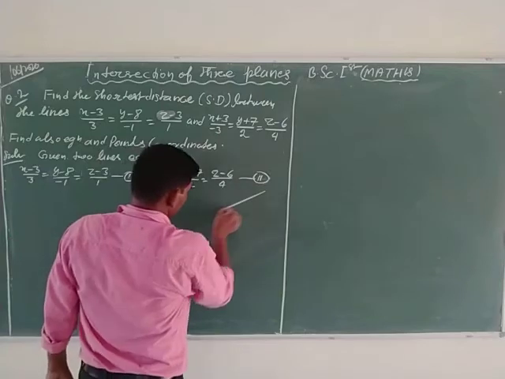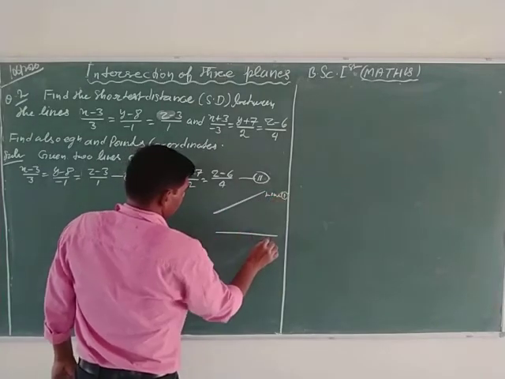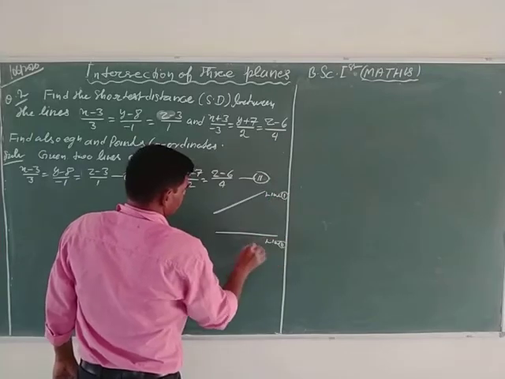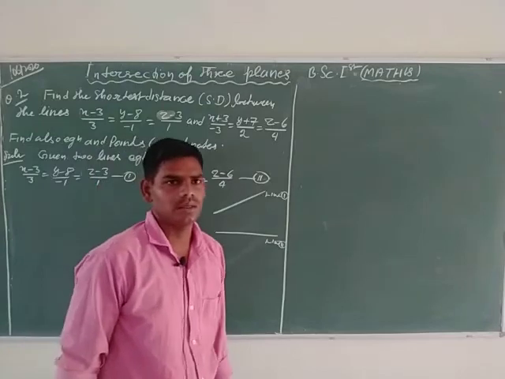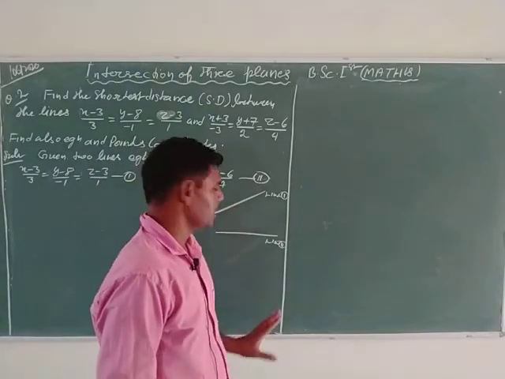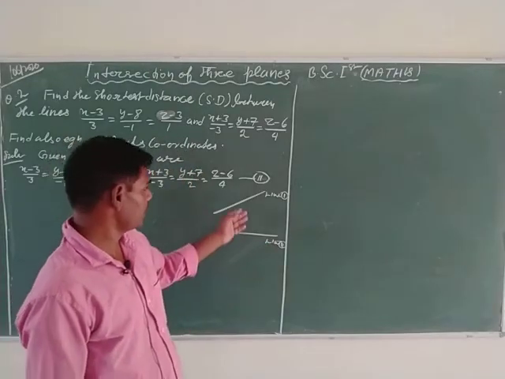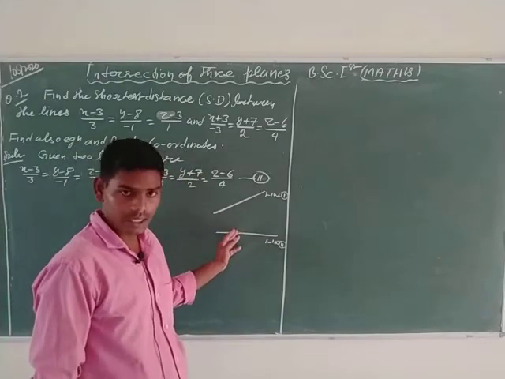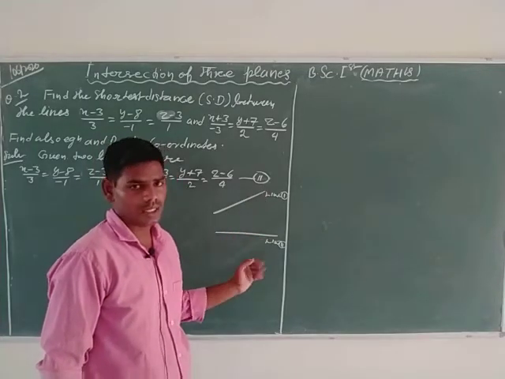Please draw the figure. Suppose this is line first and this is line second. These lines are not coplanar, because if these lines were in a plane, then it would not be possible to draw a line making 90 degrees with both the first and second line.